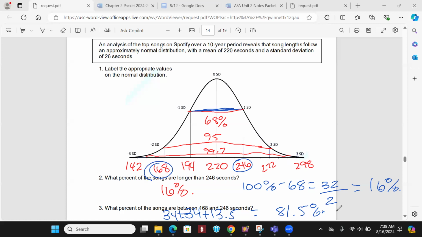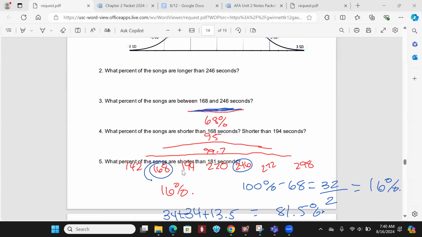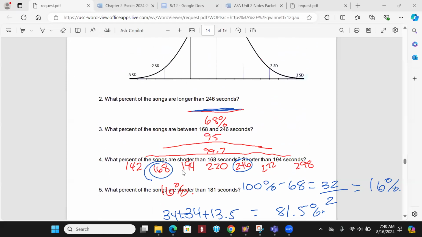All right, looking at number 4. What percent of the songs are shorter than 168 seconds and shorter than 194 seconds? Okay, so coming down here. I want to keep my curve though.